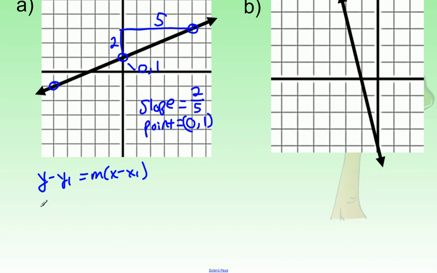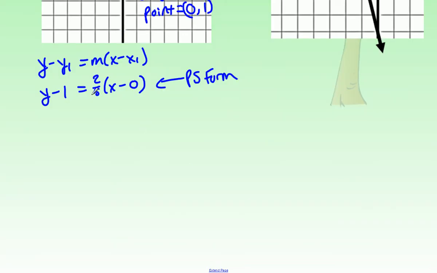And we plug our point and slope in. So y minus 1 equals 2/5 x minus 0. That is point slope form. Then to get the slope intercept form, we're going to get the y variable by itself, but first we need to pretty this side up, so we're going to distribute 2/5 x, and 2/5 times 0 is 0, so I just put my plus 0 there.